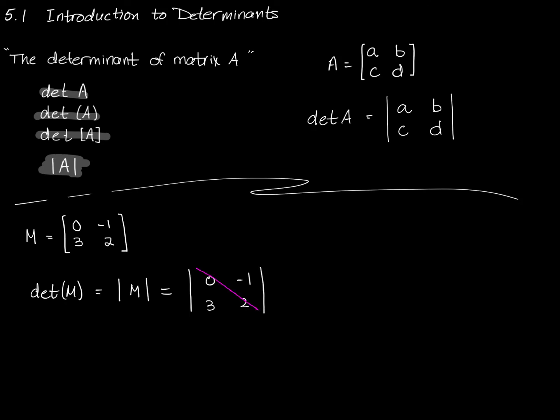And I'm going to multiply these two numbers and get 0. I'm going to multiply these two numbers and get -3. Then I'm going to subtract them, and I end up with 3. So that determinant is 3. So that's how you find the determinant of a 2 by 2 matrix.